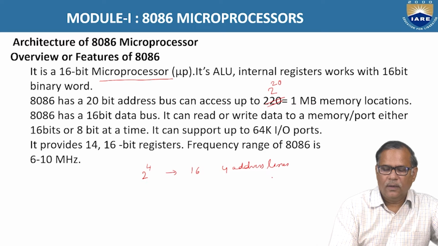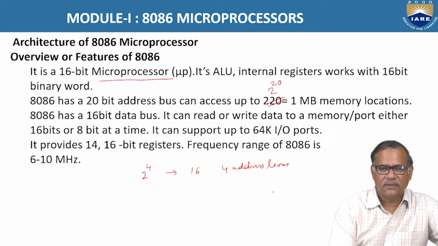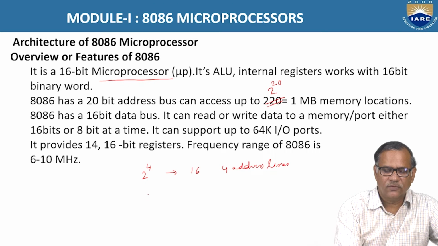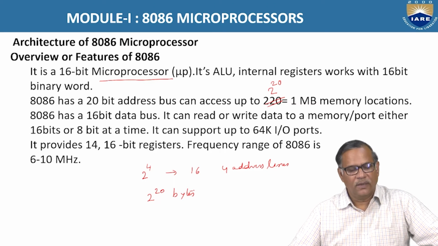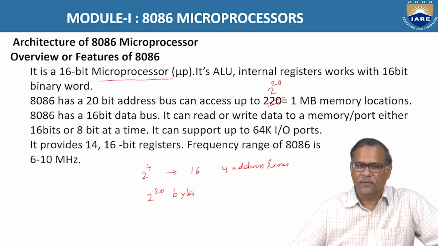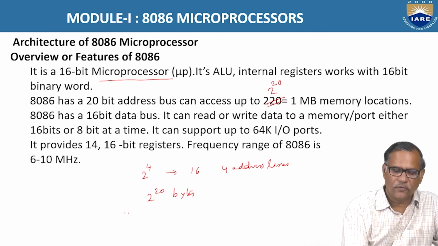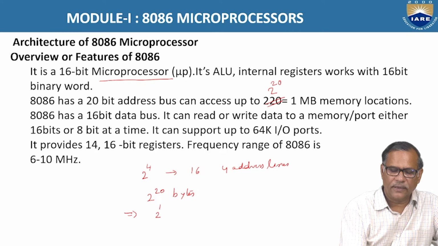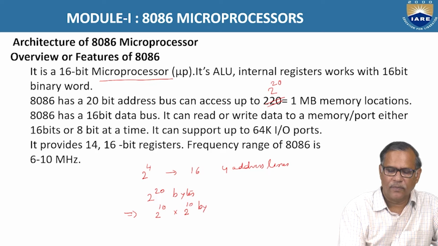Now 8086 has 20 address lines, which means that you can operate with 2 power 20 bytes of memory. 2 power 20 means what? 2 power 20 is equal to 2 power 10 into 2 power 10 bytes.